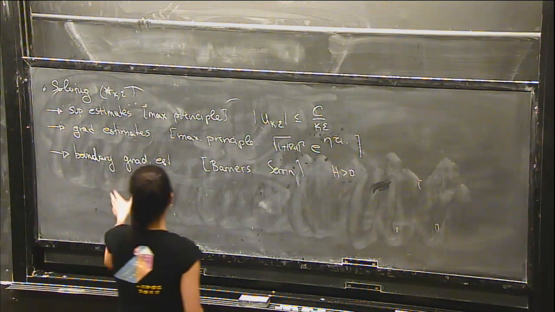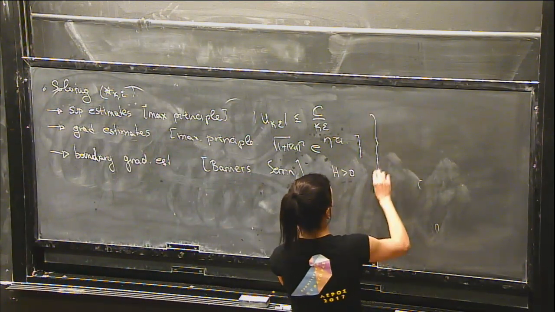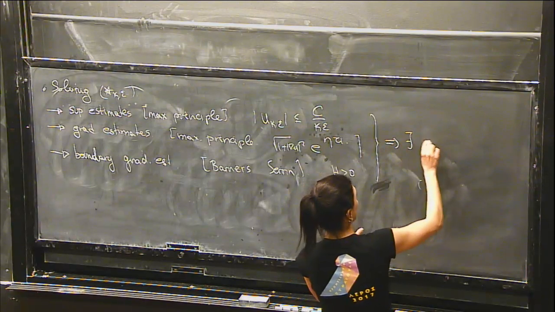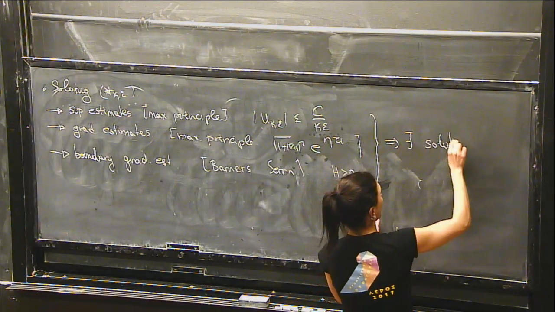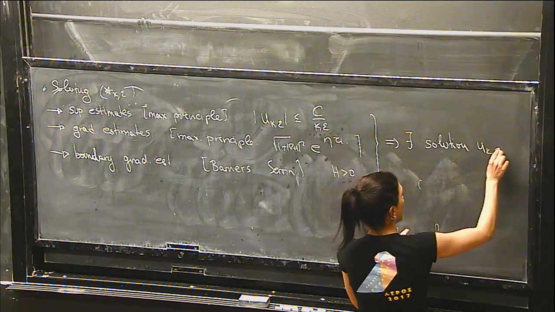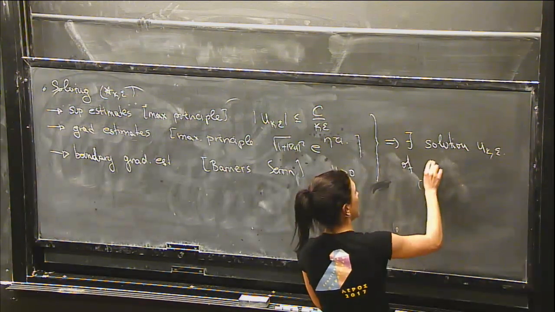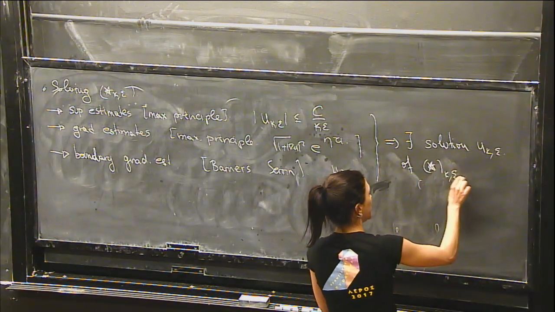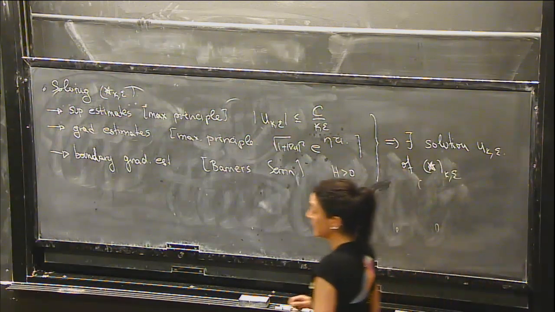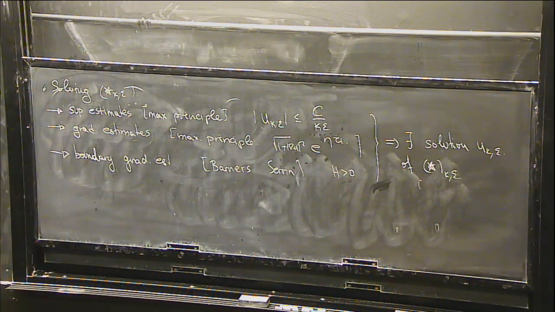So doing all this implies that there exists a solution u kappa epsilon of the equation star kappa epsilon. So for any given epsilon, we can find a solution for any kappa.